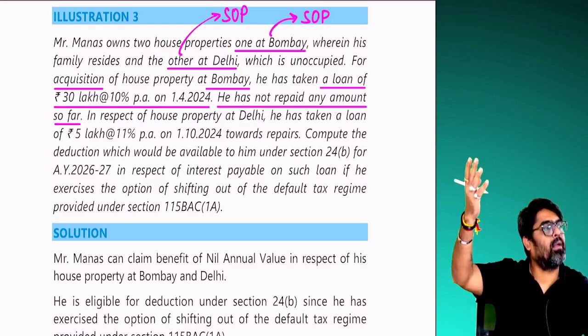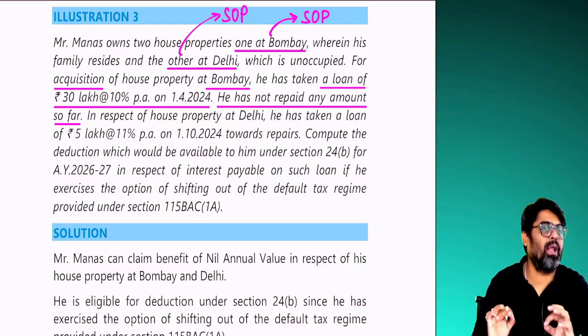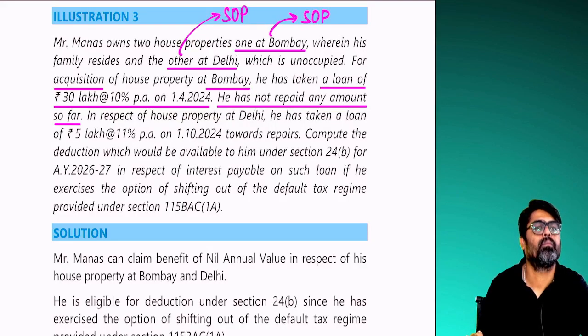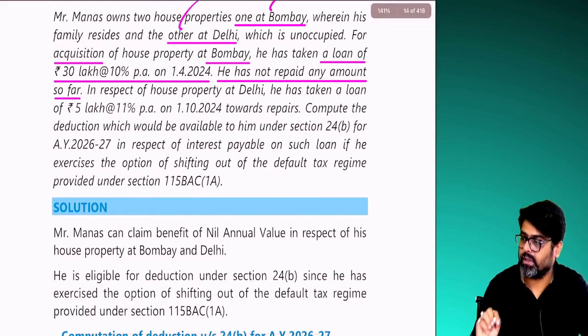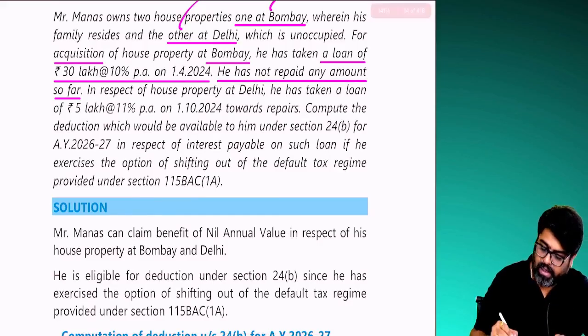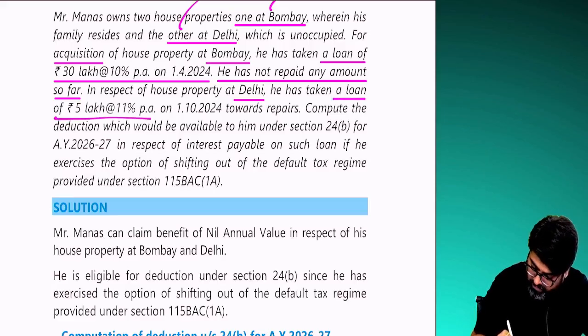Since that time, 30 lakh is outstanding. This 30 lakh loan taken for which property? Bombay SOP, yes or no? How much was the rate of interest? 10%.